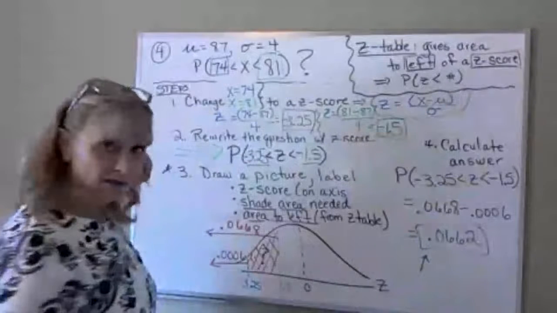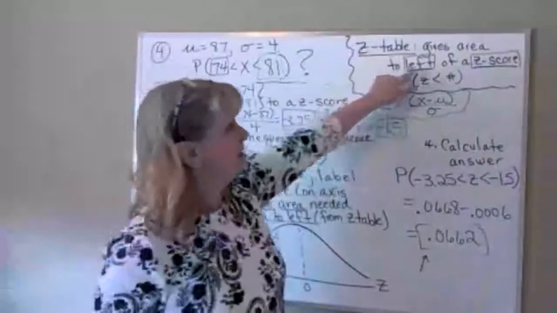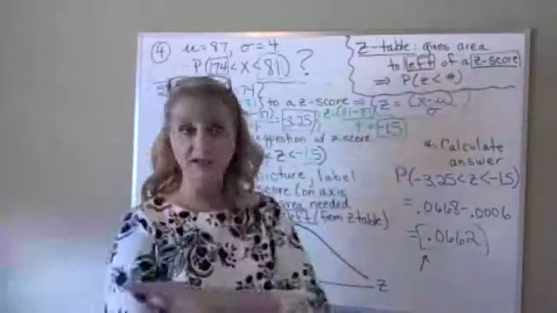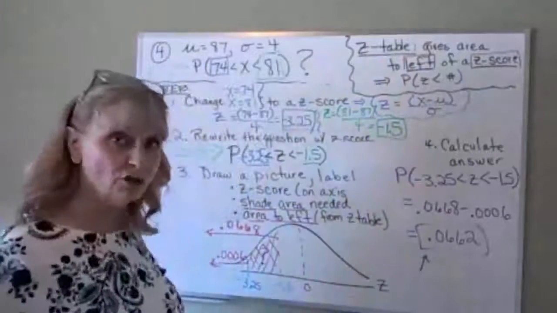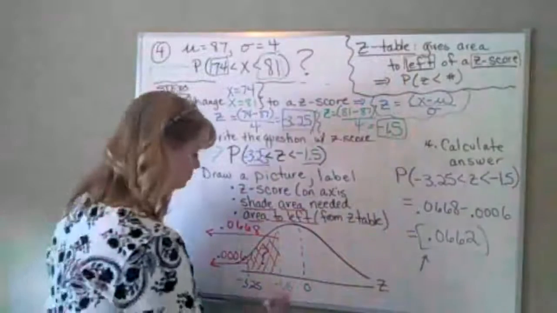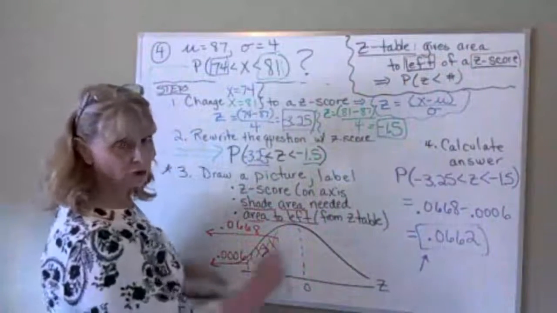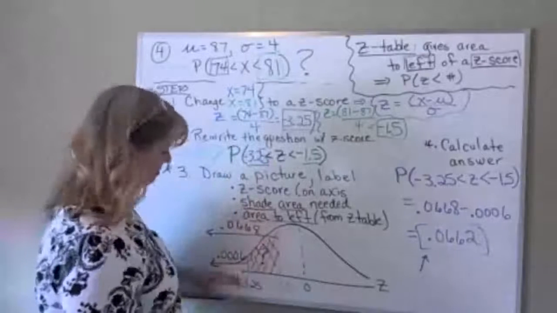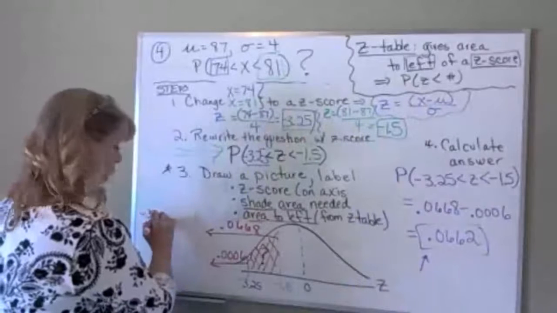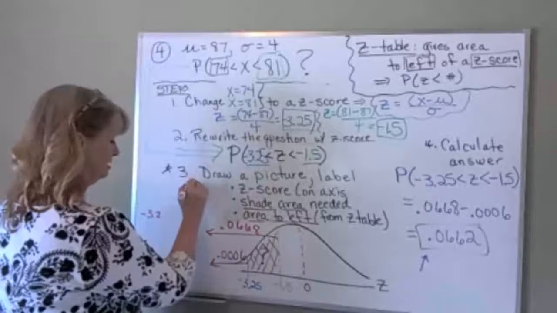Then I can use the table, but the table only gives me one thing: the area to the left of a z-score. It doesn't give me anything else. So I just found the 2 numbers that it had for these 2 z-scores. When I looked up negative 3.25, I cross-referenced negative 3.2 and 0.05. So I'm looking on the row that says negative 3.2, and I'm looking for the column that says 0.05.